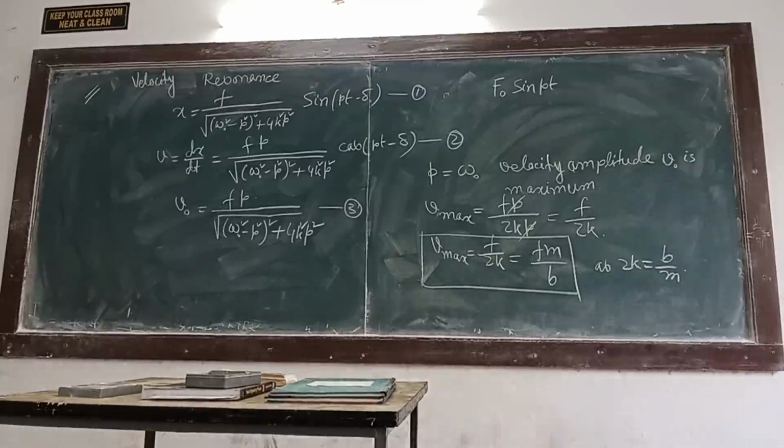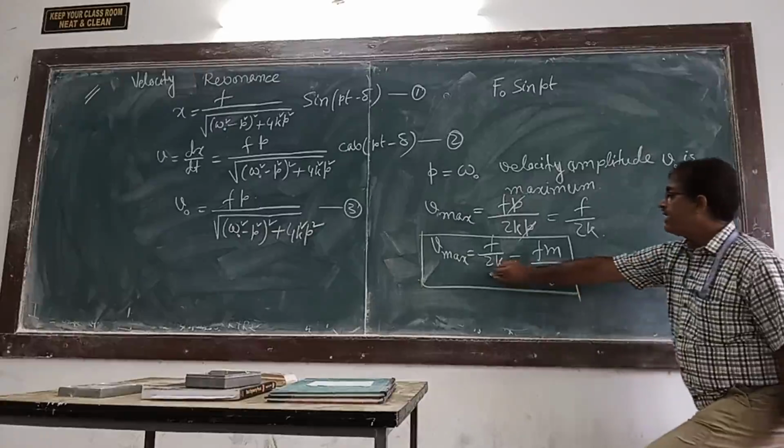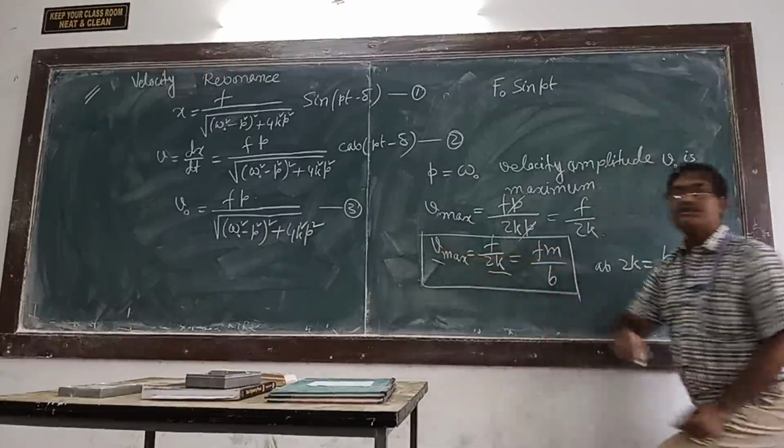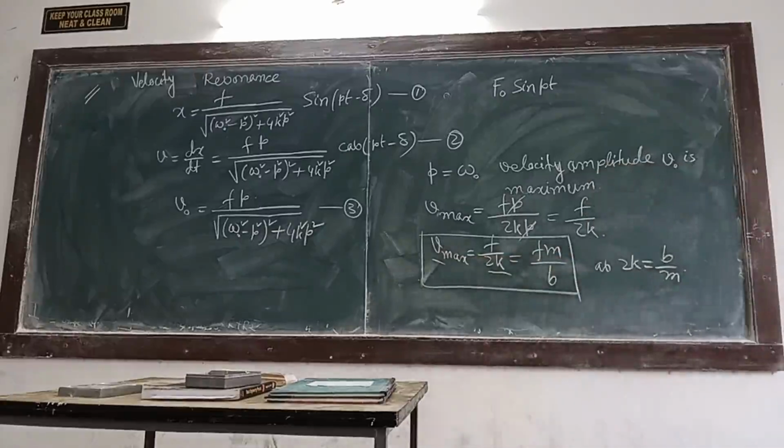And from here also you can see that as 2k decreases, Vmax increases. 2k is the damping constant. So as the damping constant decreases, the velocity amplitude increases, because the lower the damping, the better maximum velocity we get.